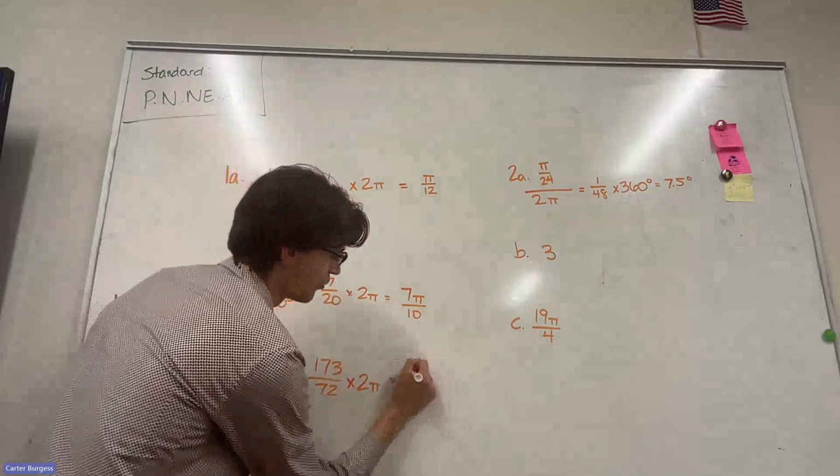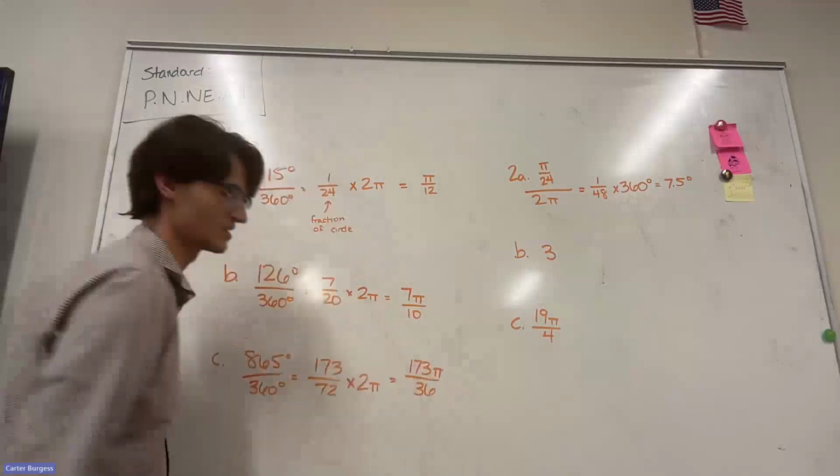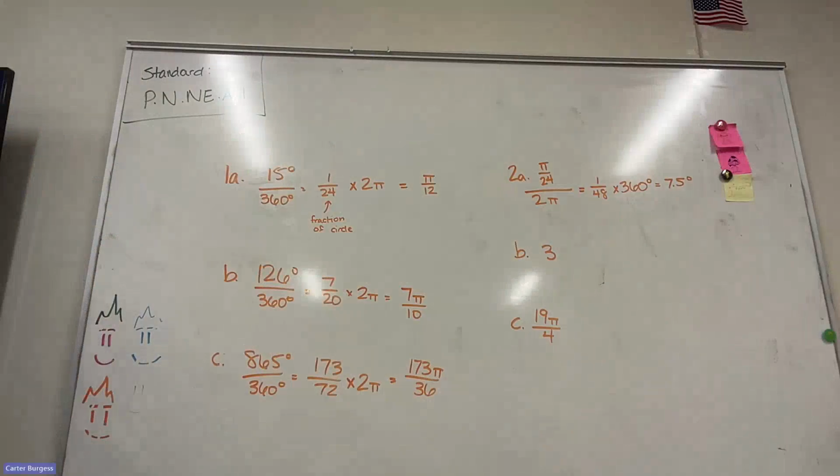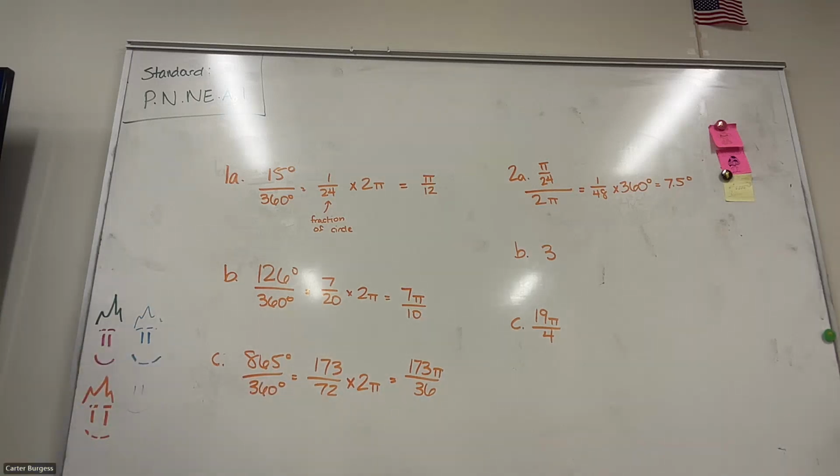This is going to become 173 pi over 36. A little nasty, but not too horrible. And you totally could have written that as 346 pi over 72, and that would have been fine as well. Or you could circle this, and that would also be totally correct, totally fine.